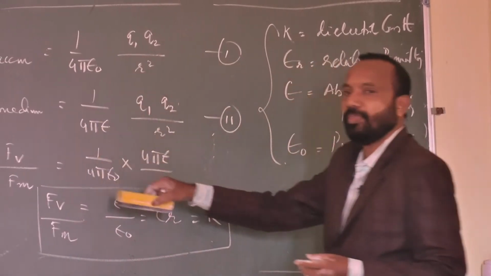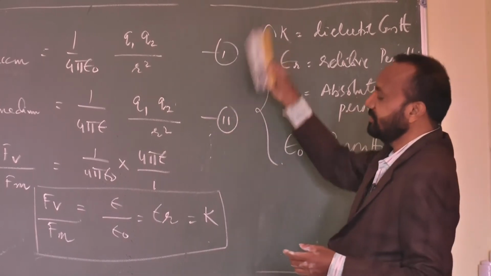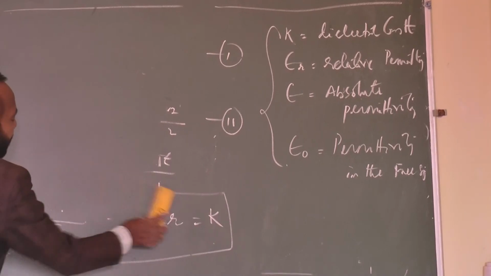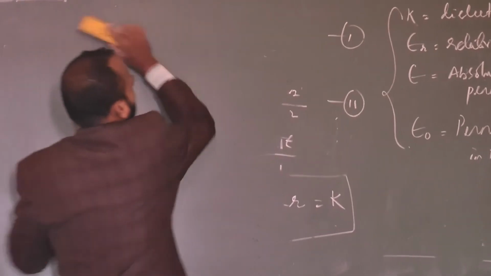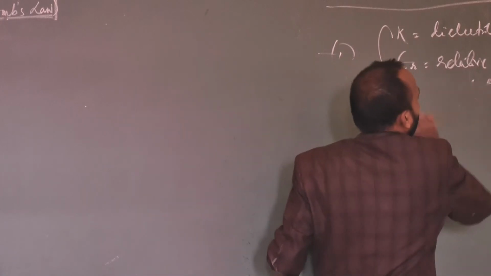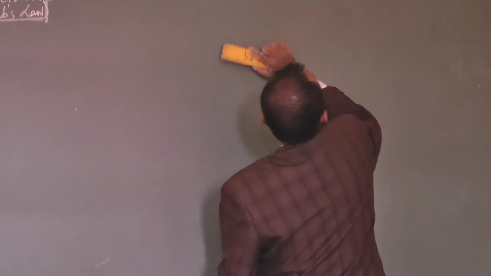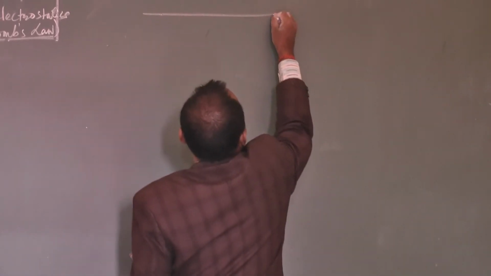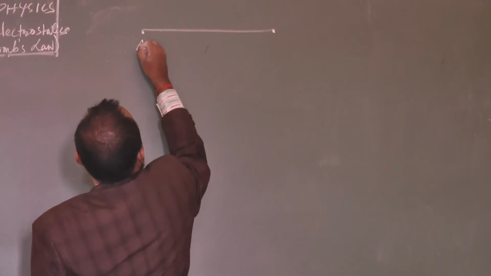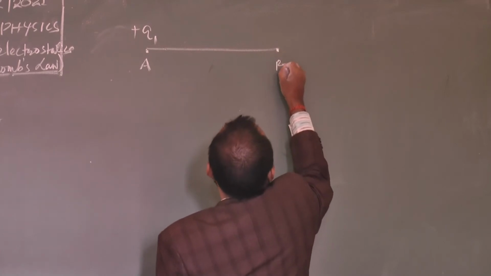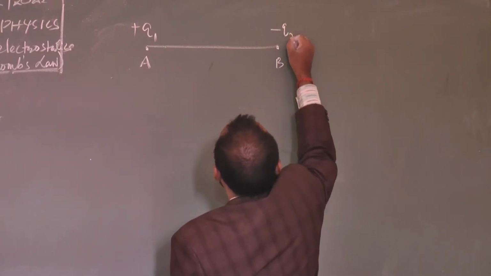How to draw this diagram then? You remember this expression of the dielectric constant and relative permittivity. Now, consider the Coulomb force in case of two unlike charges. Suppose the charge is there at the A position, plus Q1, and at the B position this is minus Q2.